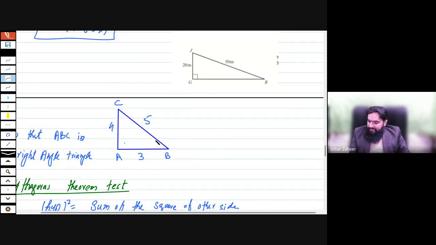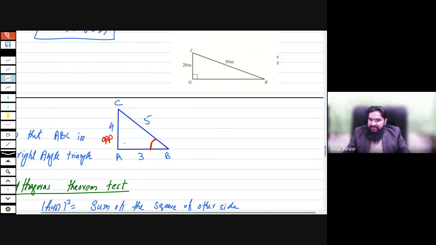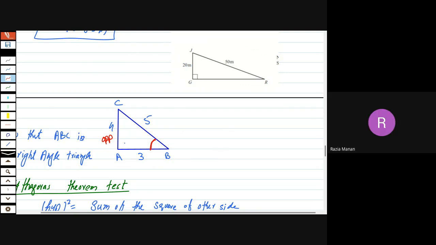For example, in this triangle, I'm going to talk about this angle. Safa, can you please tell me which side will be opposite? The 4. The 4 is going to be the opposite one. And Imad, what is the adjacent? 3.